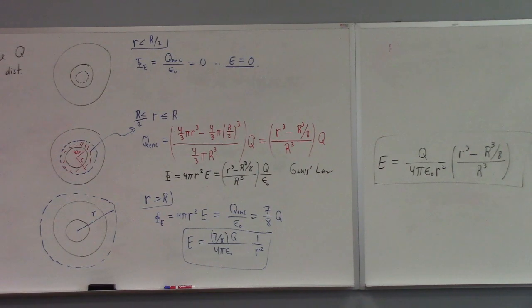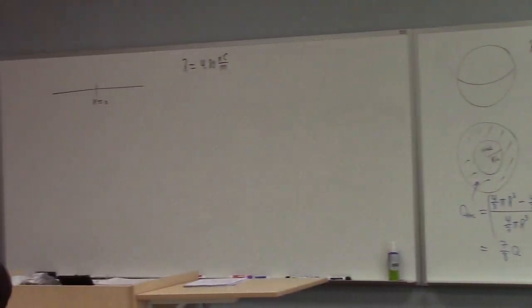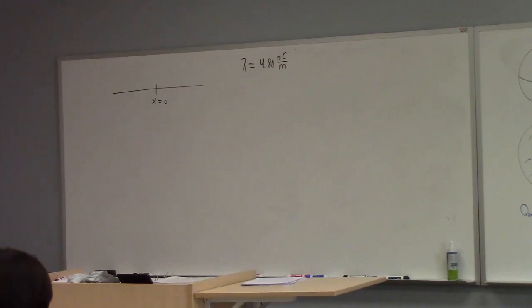Probably should move the camera here before I get too much further. All right. A small sphere with charge minus 2 microcoulombs is located at x equals 0, y equals 5 centimeters. What are the magnitude and direction of the force that the charged sphere exerts on the line of charge? Ooh, I'm going to have to think about this.